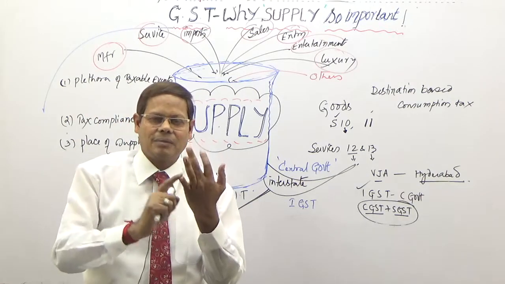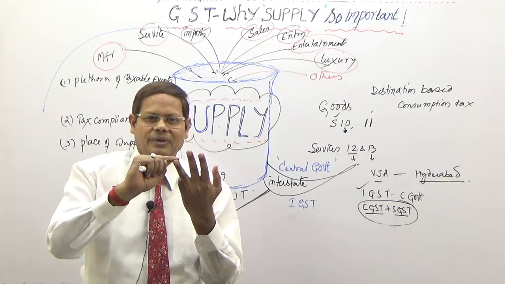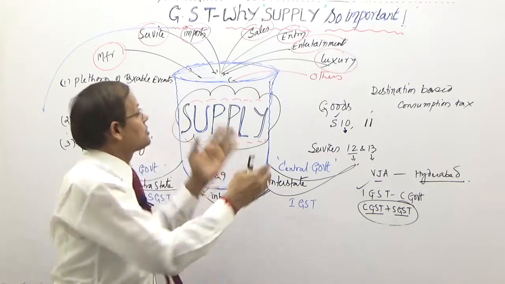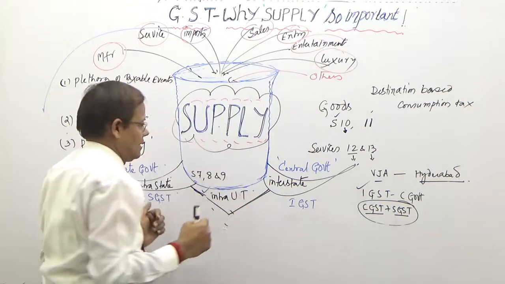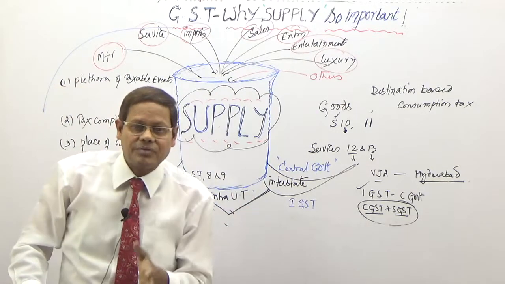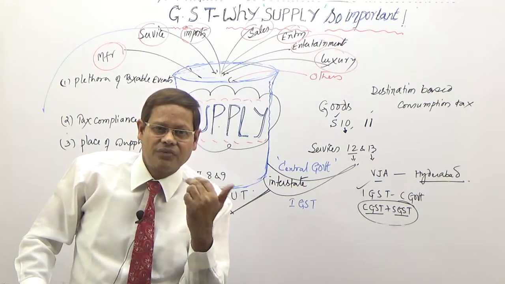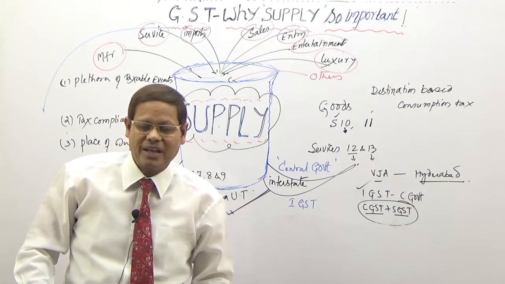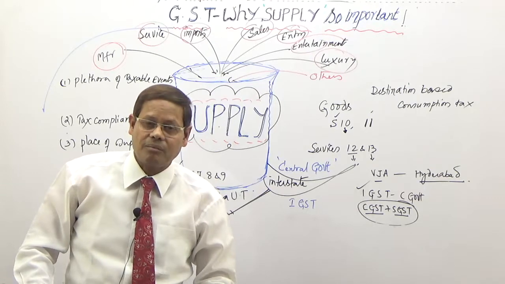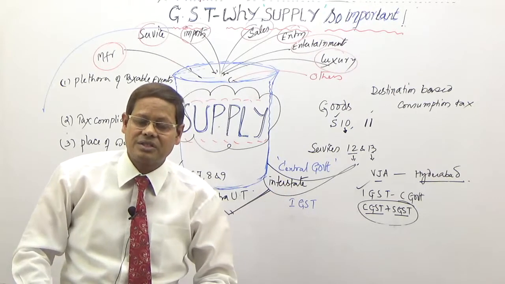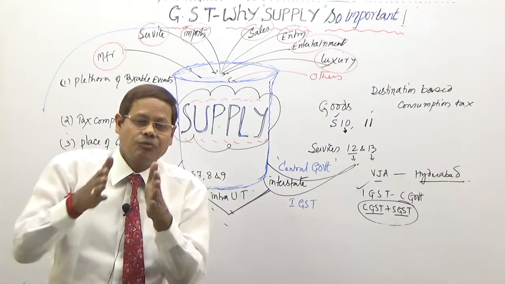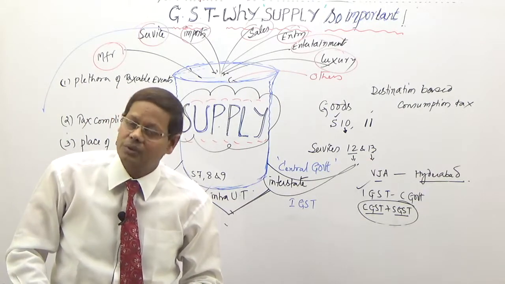So, what is supply? What are the things involved in supply? You see a plethora of things. And which type of supply is it, of the nature of intrastate or interstate? Again important, because you have to pay tax, make tax compliances, file returns, handle disputes, seek refunds, with which authority or which government you have to do these things.